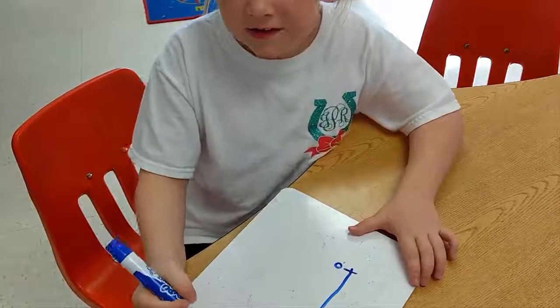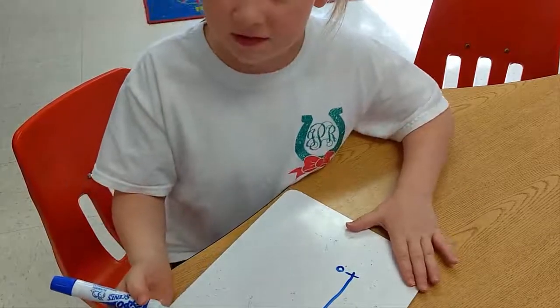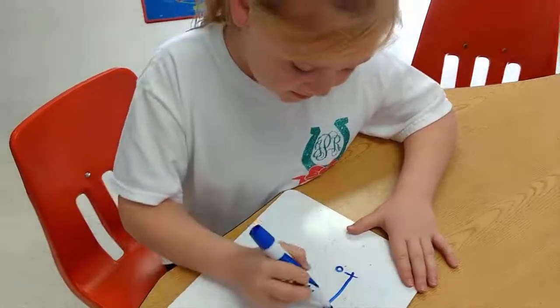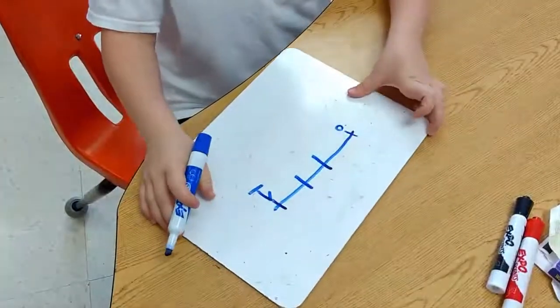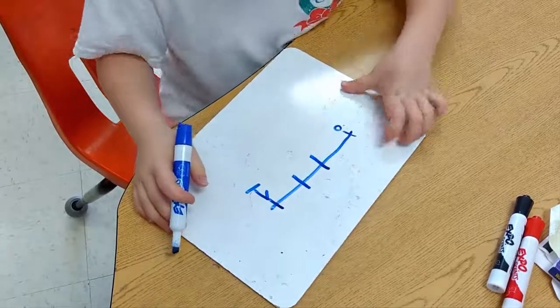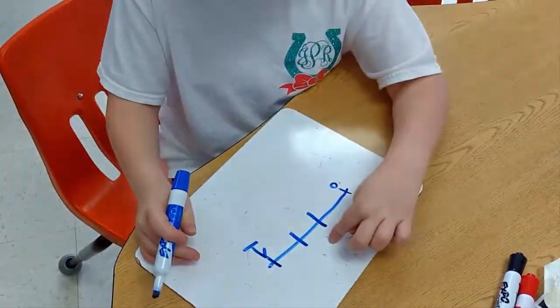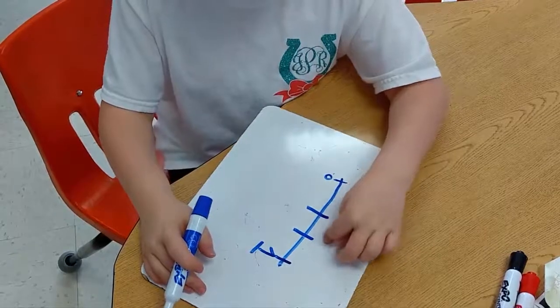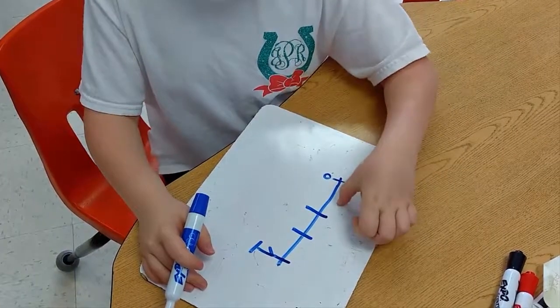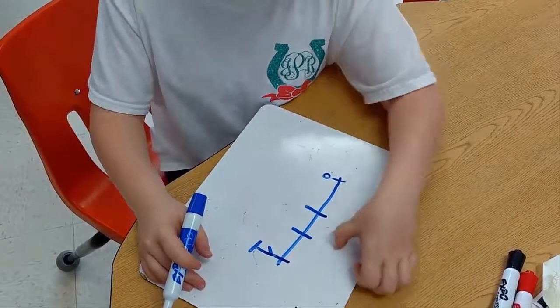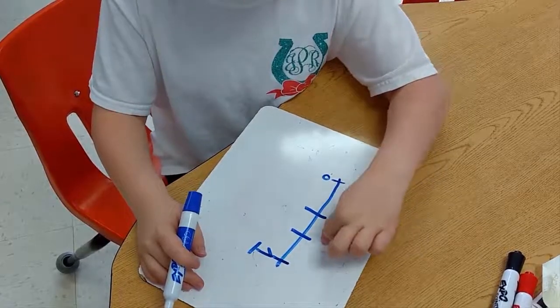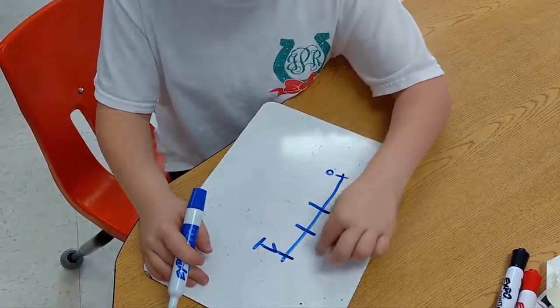Okay, excellent. Can you partition it into thirds? Why did you choose to do it like that? Because if you draw it into thirds, you would draw 2 lines. But if you put 3 lines, you would have 4. So I would draw 2 lines, and that would partition it into thirds.